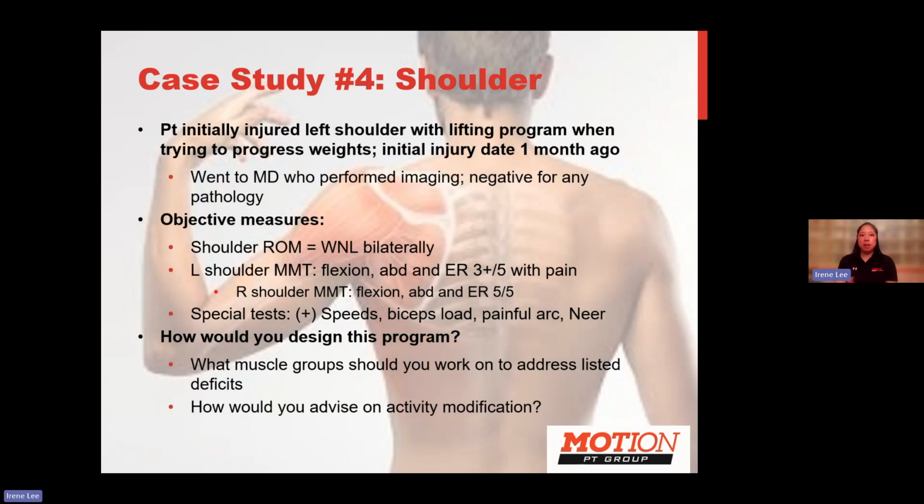Obviously, I don't need to address range of motion because it's equal from right to left. Where I do see the biggest deficit is with pain, but also with his decreased strength. So what kind of muscle groups should you work on to address those deficits? And also, what would you tell this person on activity modification? Give me a moment.